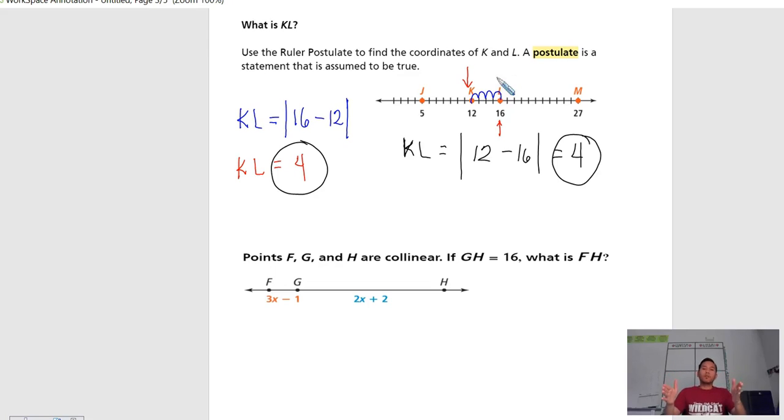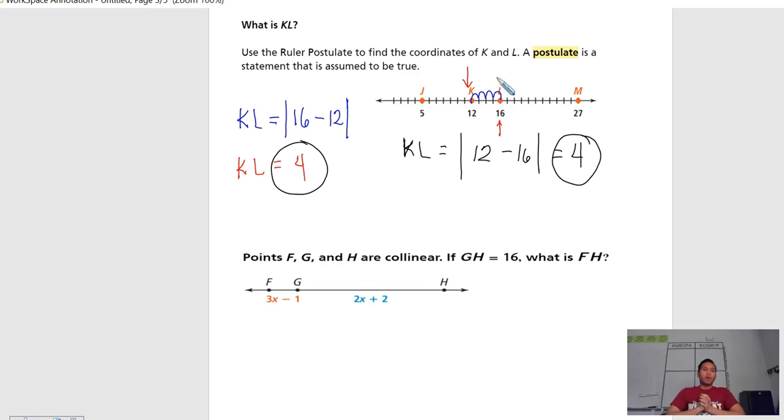Meaning, you have to subtract and then get the absolute value of that, and everything will be positive. So when you are answering your assignment, if you get a negative answer, you go back and check your answer, most especially in this situation where we are talking about the length of a given segment.